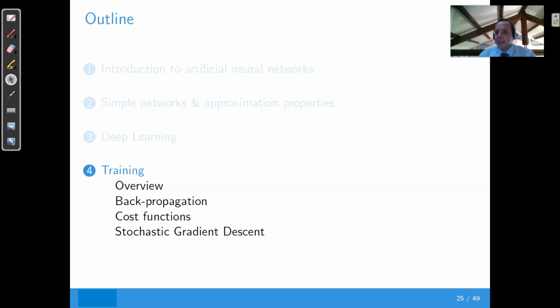Training is the mathematical way for estimating your parameters, your weights, which is the final objective of the training. When you are training a network, you want to estimate the unknowns, which are represented by the weights of the neural network.